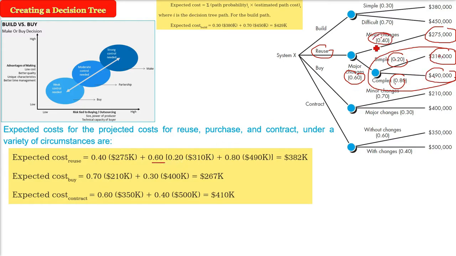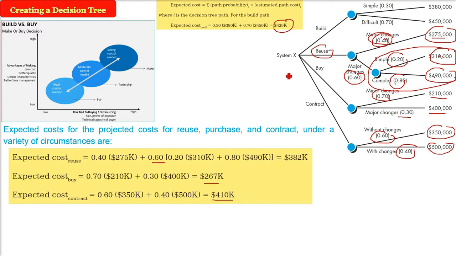I hope you got the idea. It is given here also: whenever we are doing 0.20, 0.80, we have to multiply by 0.6. For the expected cost for buy, 0.70 into 210 and 0.30 into 400, you get 267. And for the contract, 0.60 into 350K plus 0.40 into 500, you get 410K.